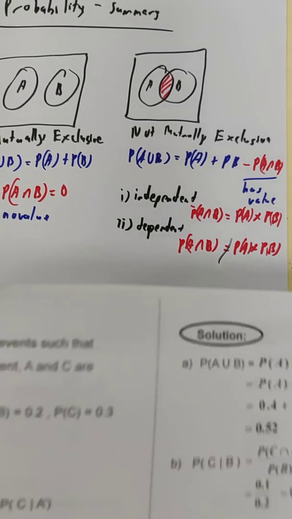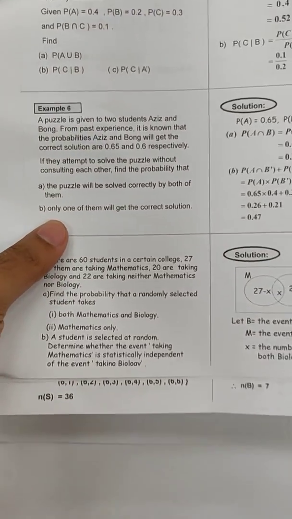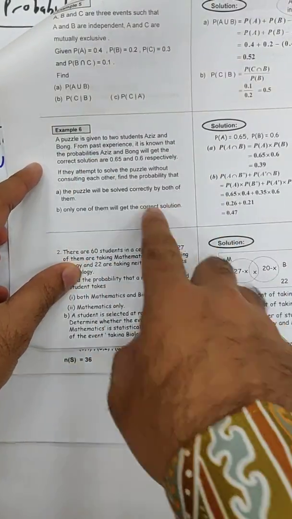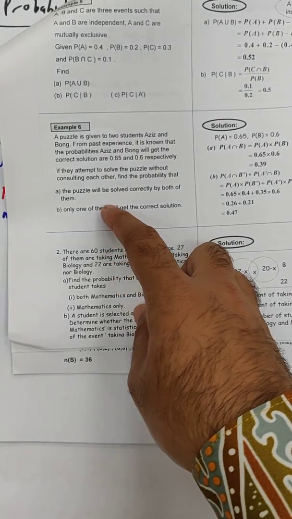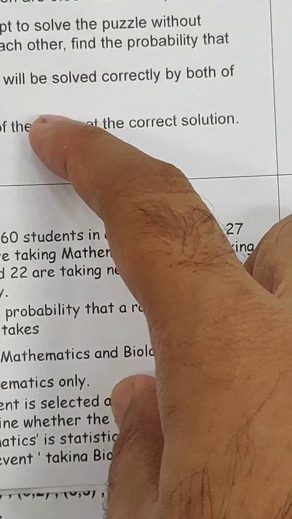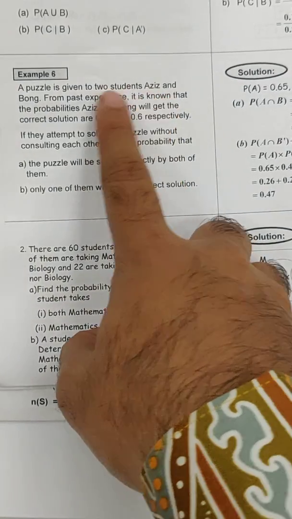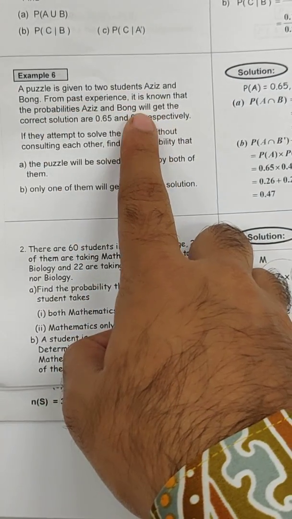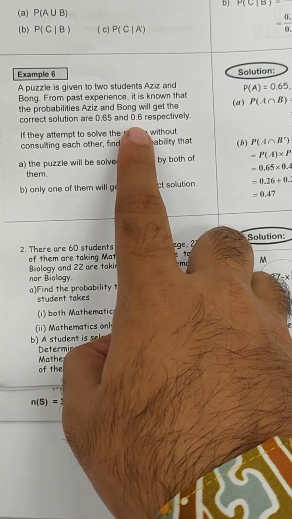I give you questions like this, can you see it? If I give you this kind of questions, you can read over here. It says it's about Aziz and Bong. Yeah, it's a weird name.